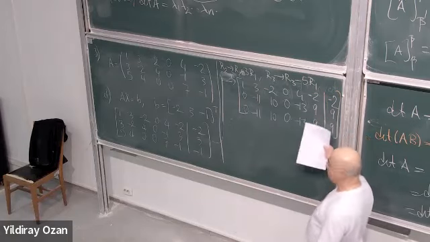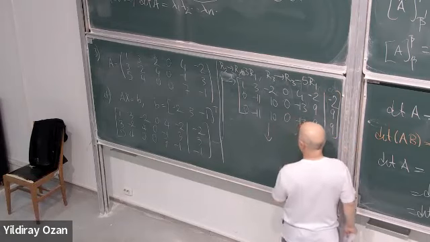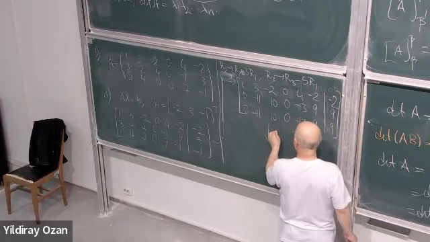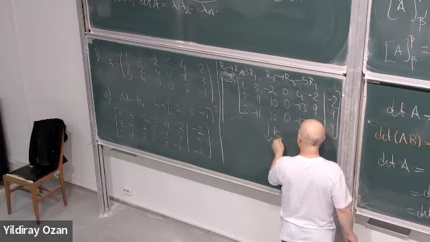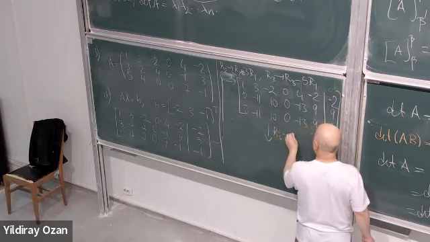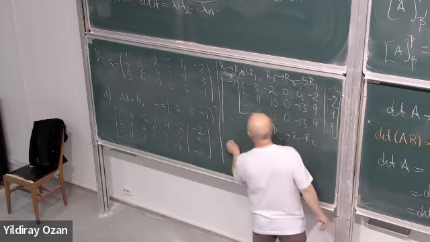So we see that the last two rows are the same. Now I'll do another operation. The third row is just the third row minus the second row.